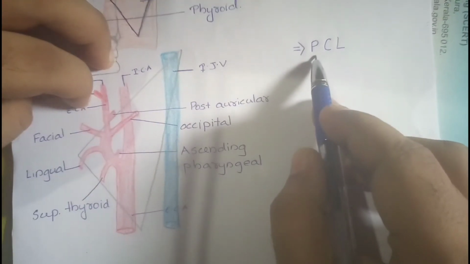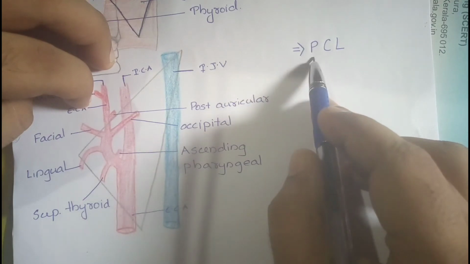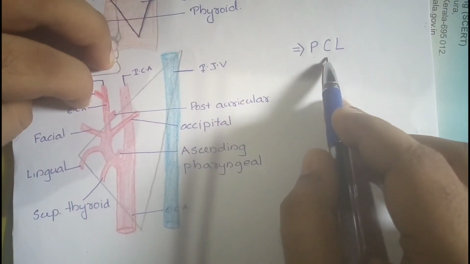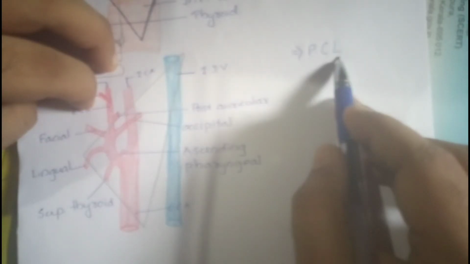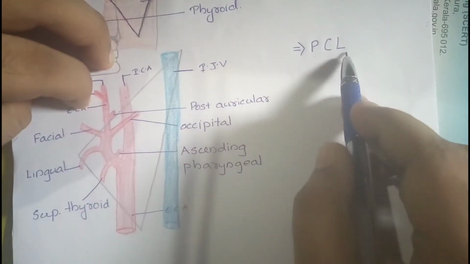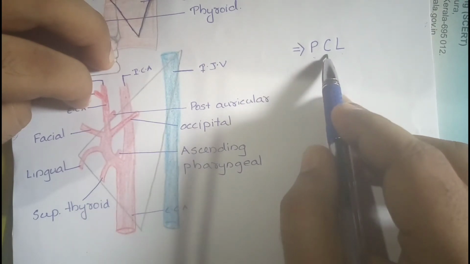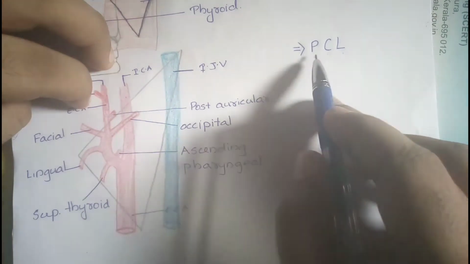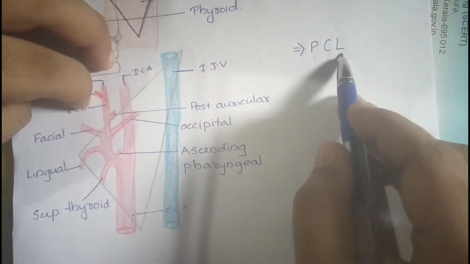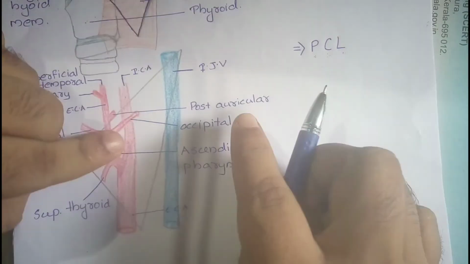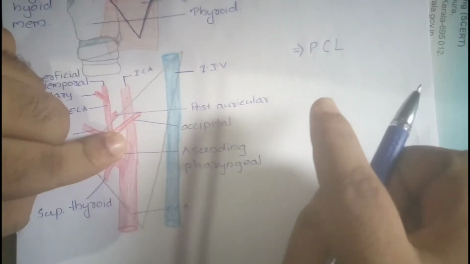P stands for pharyngeal vein, C stands for common facial vein, and L stands for lingual vein. So the pharyngeal, common facial and lingual veins all drain into the internal jugular vein. So these are the venous component of the carotid triangle.